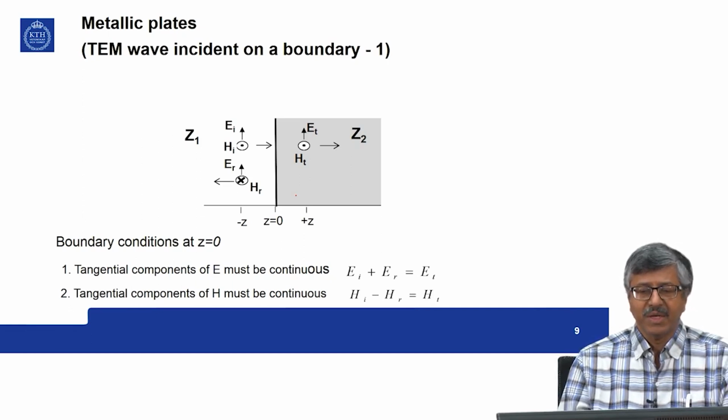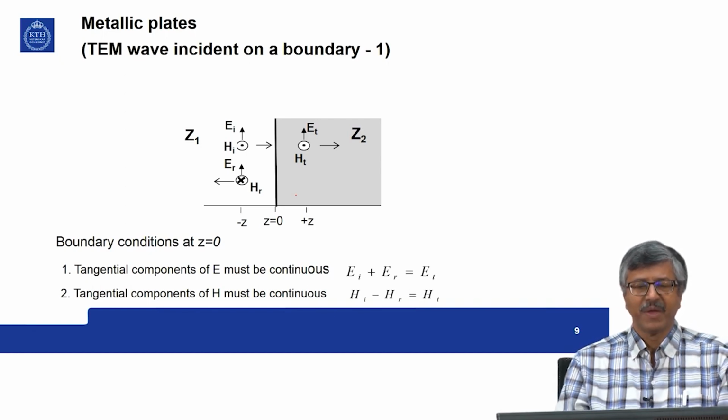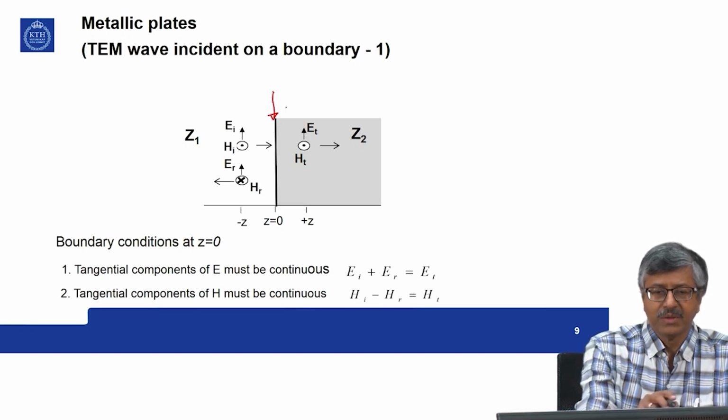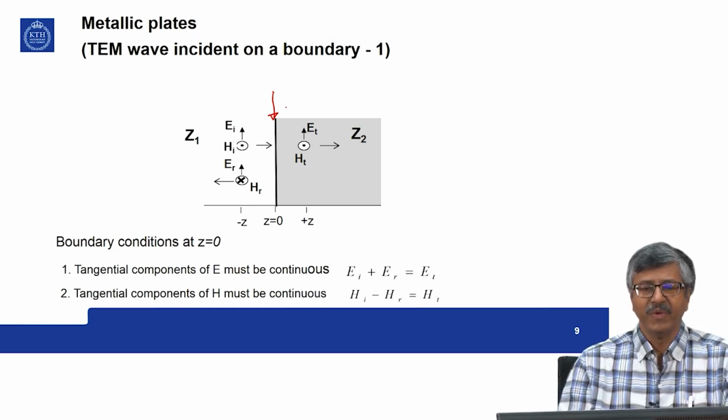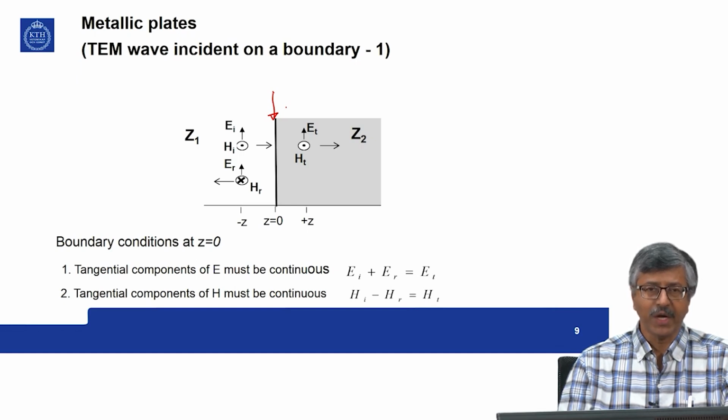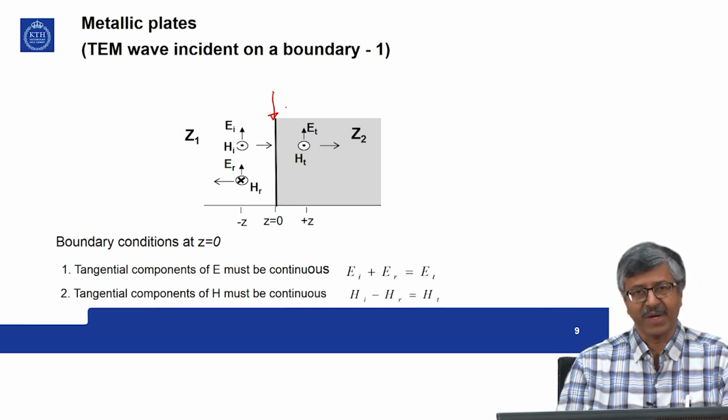So, let us look at how we can derive some of the equations. So, metallic plates, this is the metal plate. So, TEM wave incident on a boundary. Now, in a TEM wave, we have seen that electric and magnetic field will be orthogonal to each other and orthogonal to the direction of propagation.